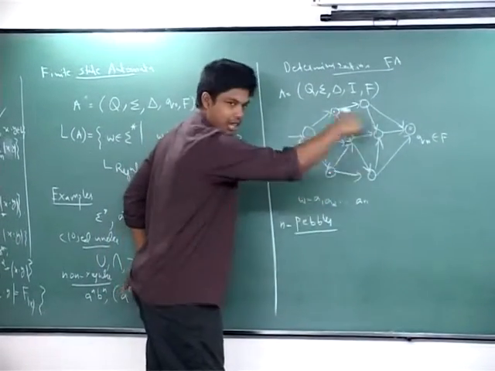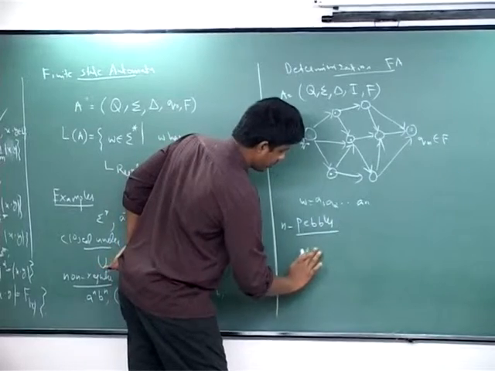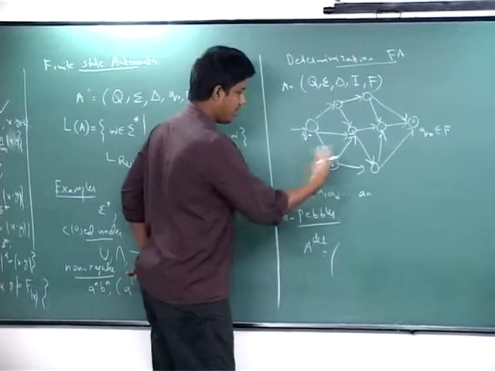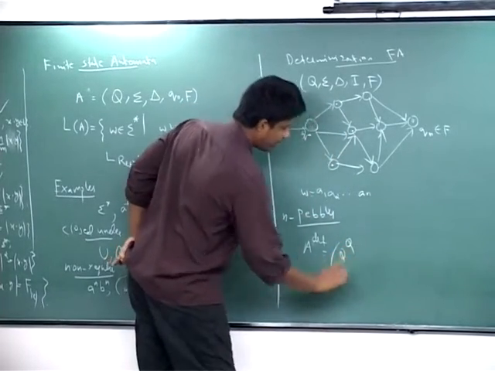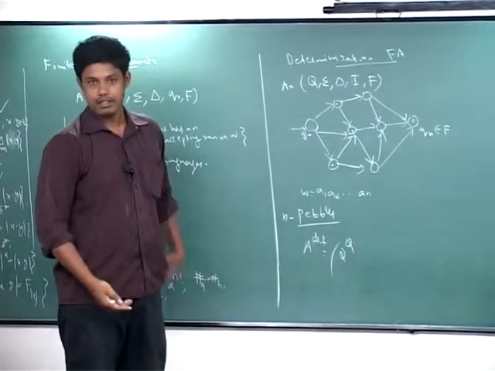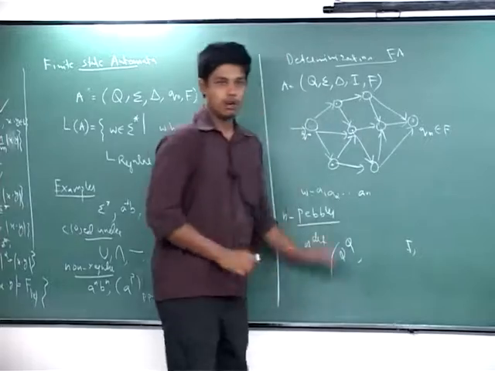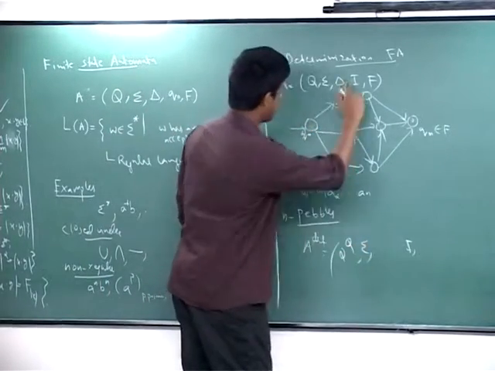My automaton which simulates this procedure will be a DFA. What will be the state set? All pebble configurations, which I can represent as the power set. Initially, I put all my pebbles in I, and this is again sigma.